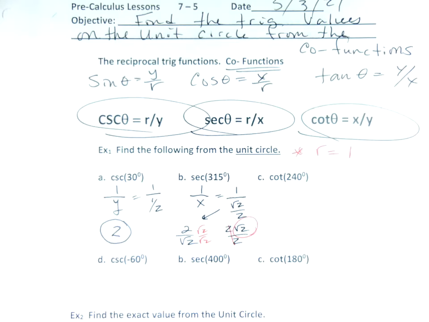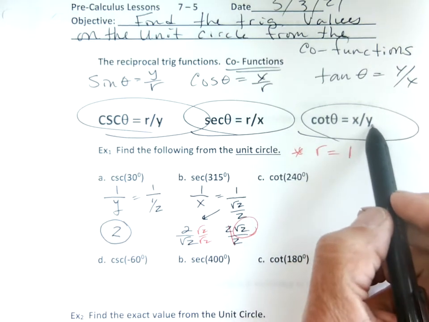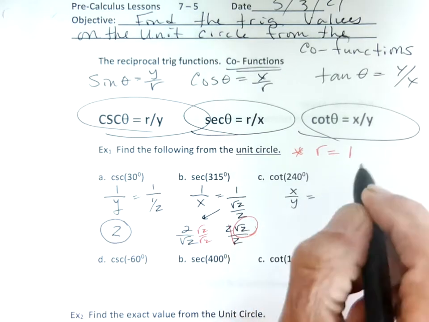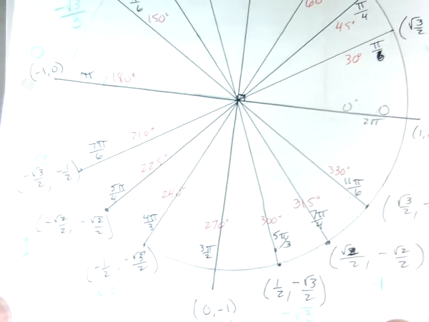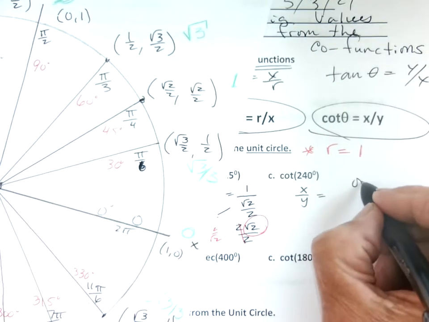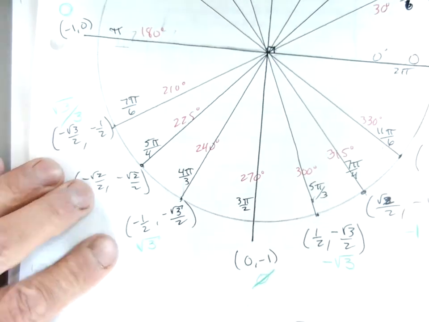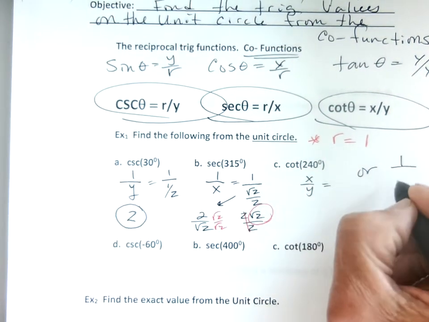Cotangent of 240. How am I doing? Am I doing okay? Is it making a little sense? This one's a little bit harder. Cotangent is the x over the y, right? All right, 240. X over the y, which is going to be my negative 1/2. Or, that seems kind of complicated. Or, you want to do an easier one? Isn't it just 1 over the tangent value?